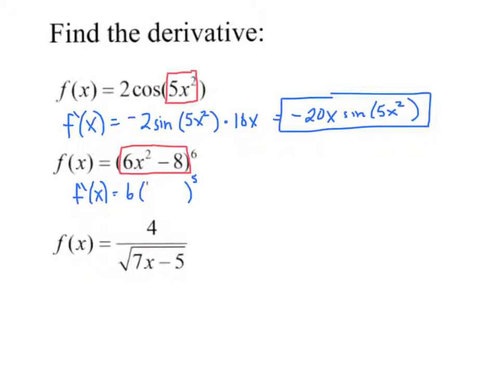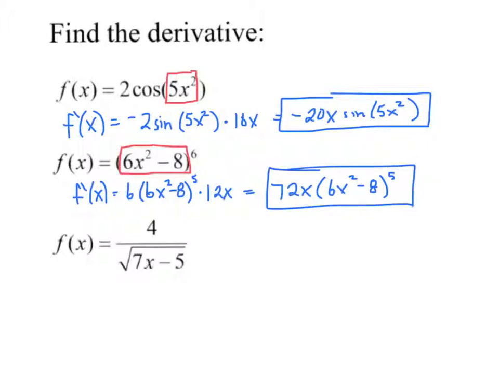And I leave the inside alone. And then I multiply by the derivative of the inside, which is 12x. And I could clean it up a little. 6 times 12x is 72x, times 6x squared minus 8 to the 5th. And this is my derivative.